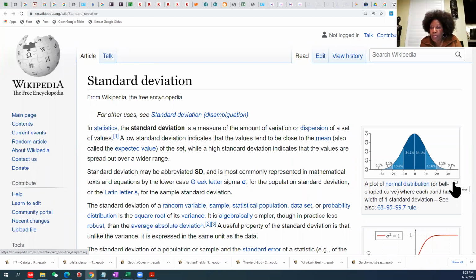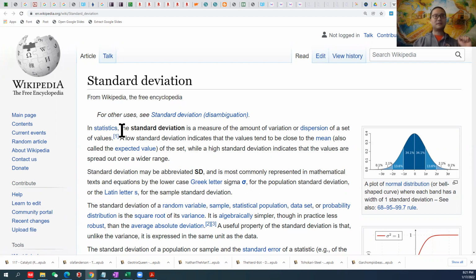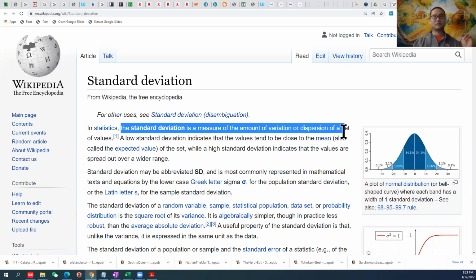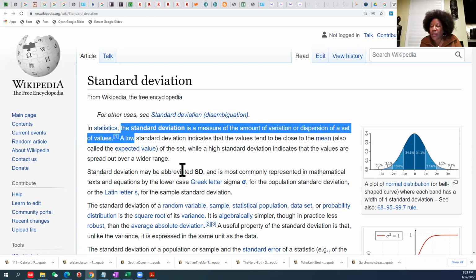Standard deviation is basically how much spread there is. As it shows here, the standard deviation is a measure of the amount of variation or dispersion of a set of values. Yeah, so dispersion is how wide this shape is.